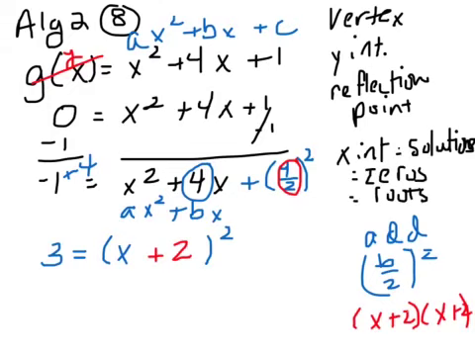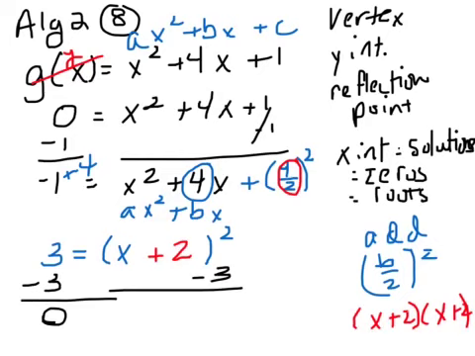This just puts it in a nice form to be a perfect square. Now there are advantages to that, and I'm going to expand on this in a minute. But right now, if I just want to write the equation, after I add that to both sides and simplify, I move that 3 back over to this side, and I get 0 is equal to x plus 2 squared minus 3.